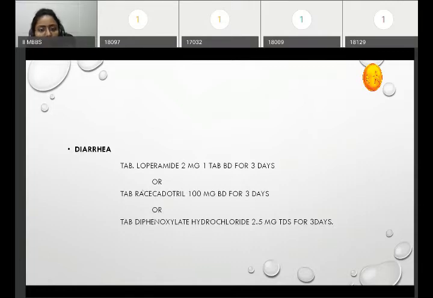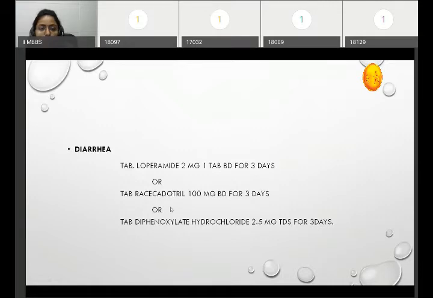Then the other drug you can add for just simple diarrhea is racecadotril. It belongs to the anti-secretory type of antidiarrheal drug. Now, how does it act? The delta opioid receptors present on the GI tract are responsible for secretions in the gastrointestinal lumen.